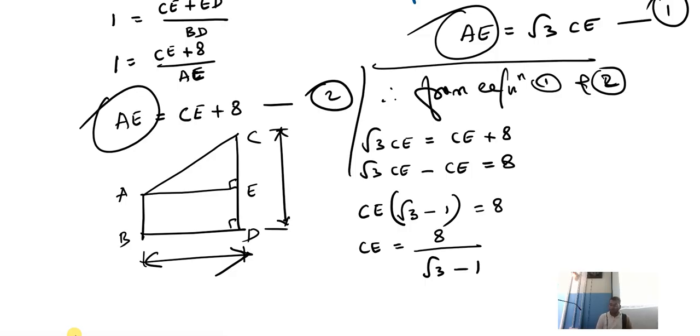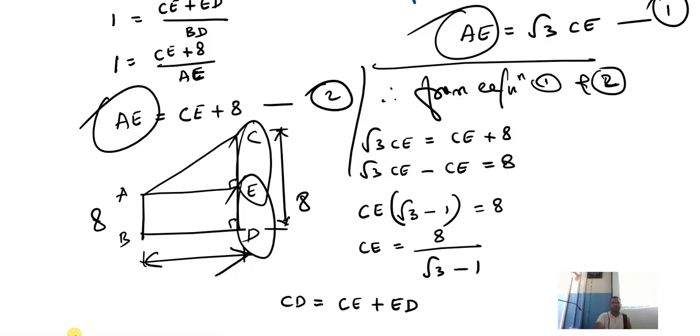Now, what we got is CE. Where is CE? We got this side. We got CE, and we know DE. When this is 8 meter, this is also 8 meter. Now, shall we add? What is the height of the multi-storied building? CD. Height of the multi-storied building is CD. If you want to find CD, what you should do?